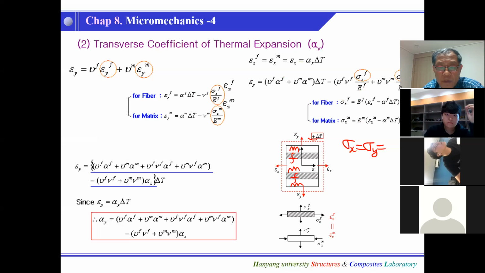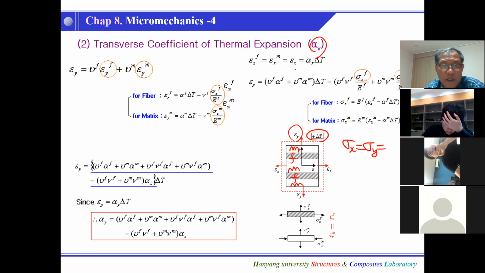And then we just apply the delta T. When we derived the CTE in the X direction, which we just got the result for, that's how we got it. But there will also be another contraction or extension in the Y direction. That is given as alpha Y, the CTE in the transverse direction.